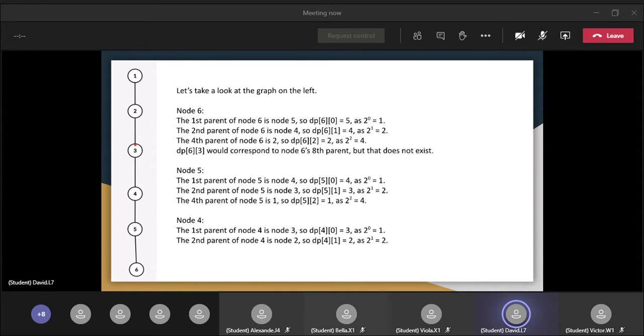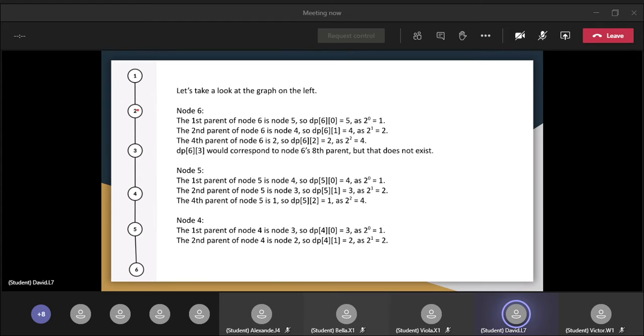So DP of 5, 1 is 3. And then the fourth parent, 1, 2, 3, 4, of node 5 is equal to node 1. So DP of 5, 2 is 1. And if we take a look at node 4, the first parent of node 4 is 3, so DP of 4, 0 is 3. And the second parent of node 4 is 2, right? So DP of 4, 1 is equal to 2.